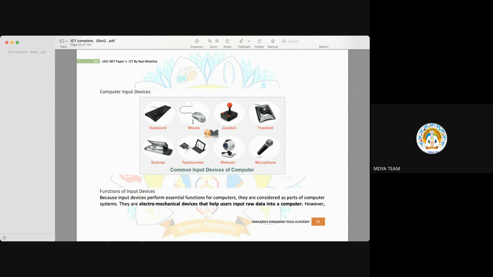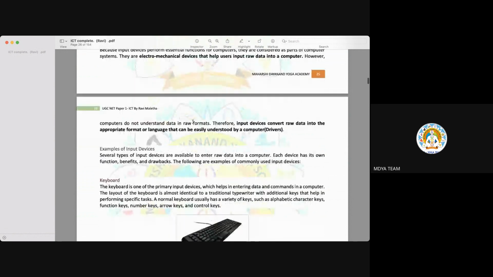Because it is an electromechanical device which accepts your raw data, input devices convert raw data into an appropriate format or language that can be easily understood by a computer or the drives within the computer.